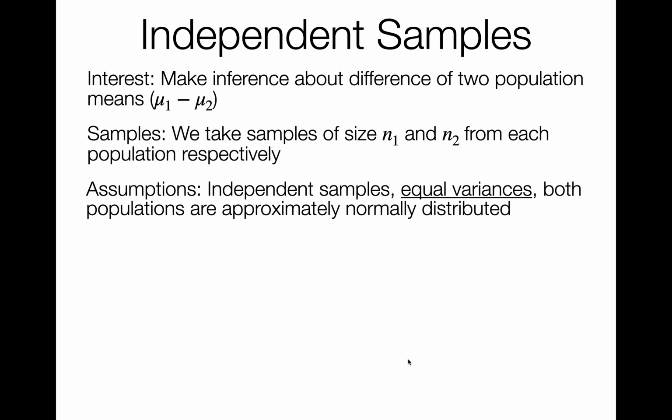In this case, we believe that the distribution of sophomore GPAs and the distribution of junior GPAs are both approximately normal with equal variances. It doesn't mean that they're exactly the same. They could have different means, but we believe that they're spread out the same. That can be a viable assumption if it makes sense, but it's often not the case.